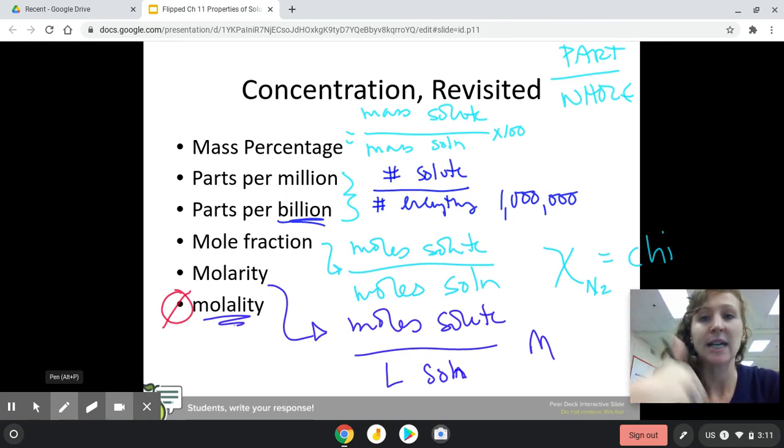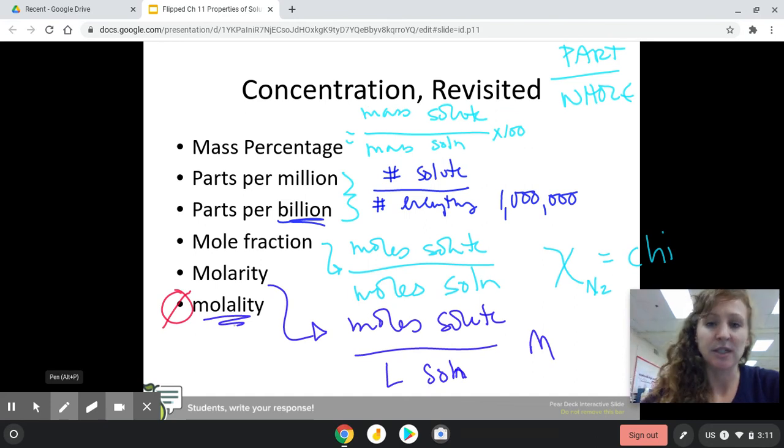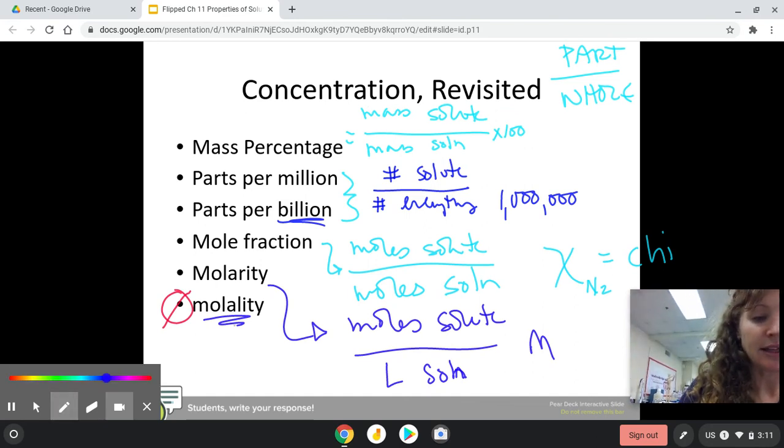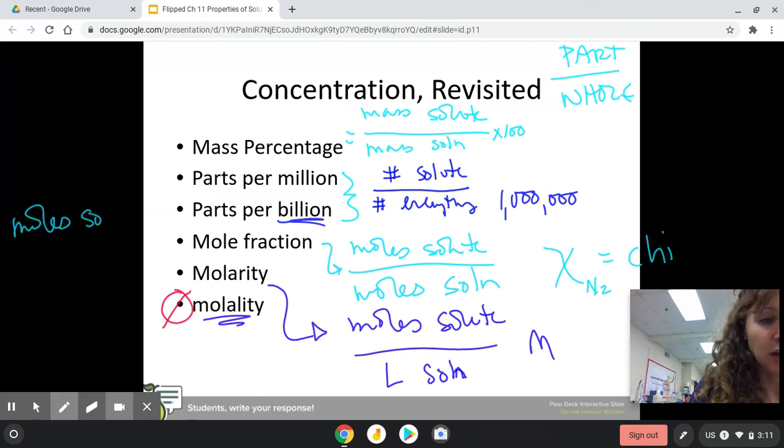So we've talked about density, molarity, mass percent, parts per million, parts per billion, mole fraction. All of these describe concentration. Well, molality also describes concentration. Molality is going to be moles of your solute over kilograms of your solvent.